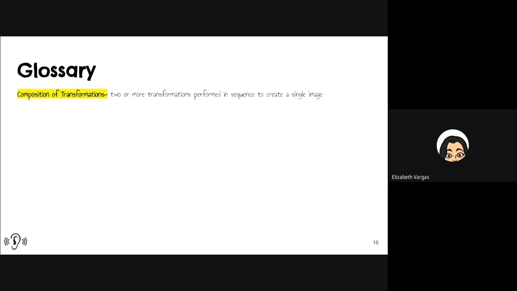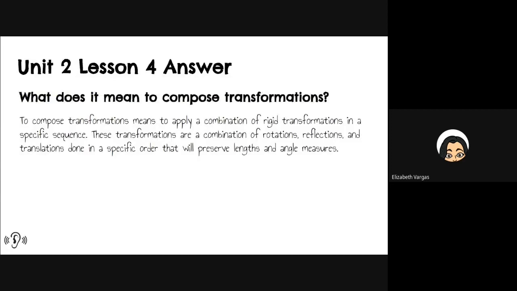So today's glossary term is composition of transformations, which is two or more transformations performed in sequence to create a single image. And this allowed us to answer the question, what does it mean to compose transformations? To compose transformations means to apply a combination of rigid transformations in a specific sequence.